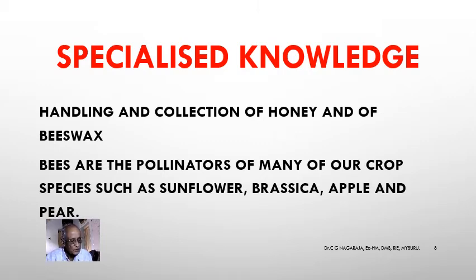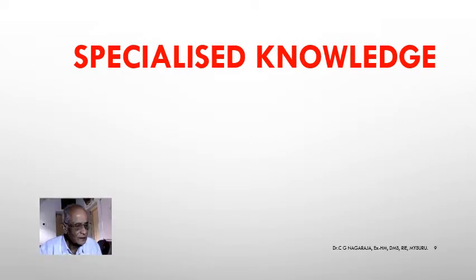One bee may visit more than 100 flowers to collect the nectar, because flowers produce nectar in a very small amount, and the nectar is collected by bees, and while doing so they cross-pollinate plants like brassica, apple, and pear, etc. Now, as a student of biology, you should know how the nectar is converted into honey in the body of the bee. We shall look into that also as a research area.